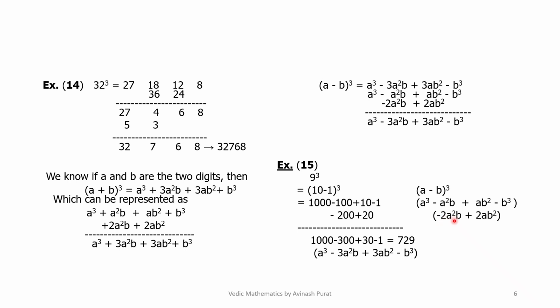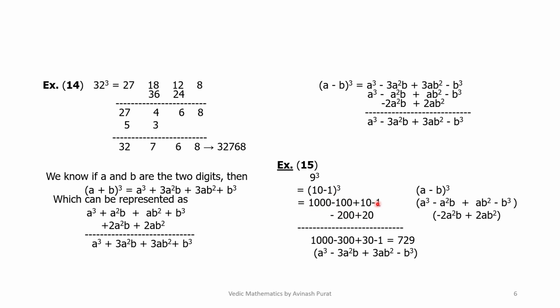Now 2a square b, that is 2 into a square, 100, and b is 1, so 200, plus 2ab square, 2 into 10 is 20, into 1 square is 1, so 20.